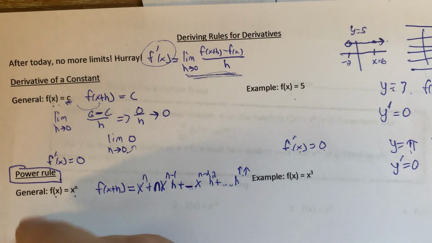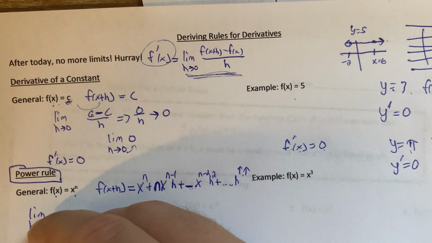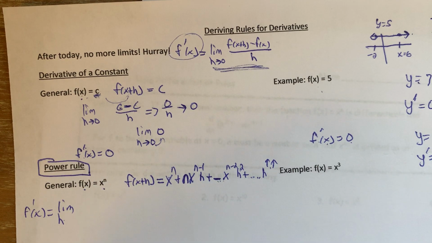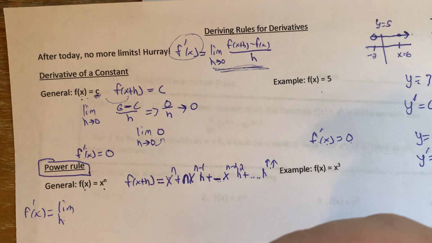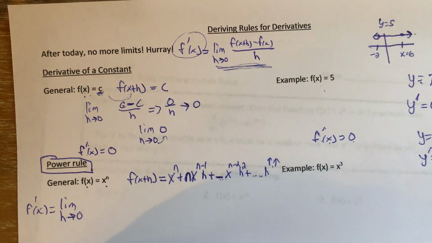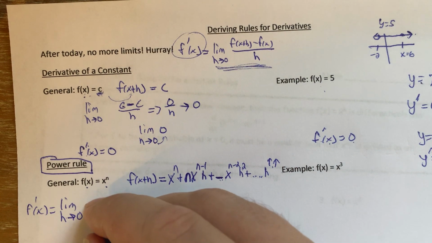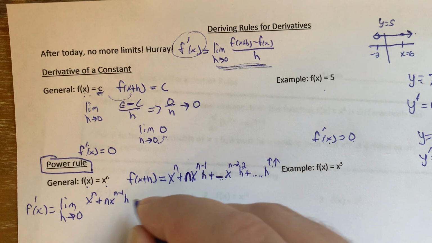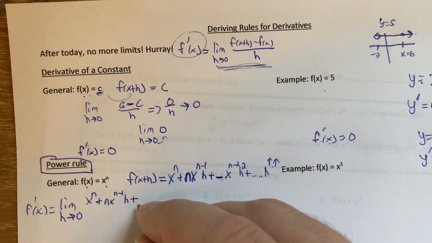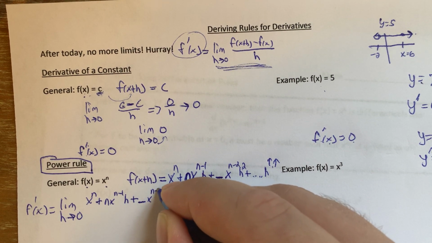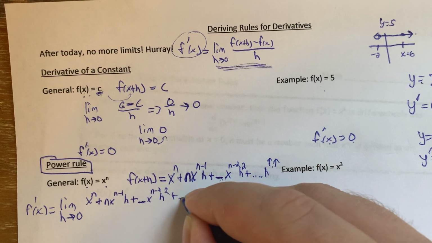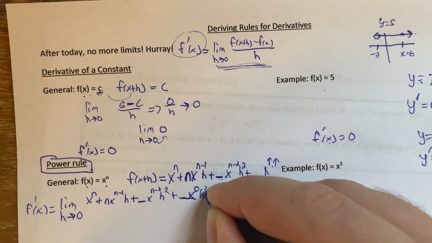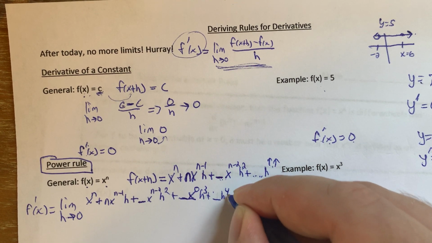Okay, so let's do our limit. f prime of x equals the limit as h goes to 0 of f of x plus h, and so this is x to the n plus n x to the n minus 1 h plus something x to the n minus 2 h squared plus, there's this whole big thing, there's x to the something, but h cubed plus something h to the 4th plus dot, dot, dot.